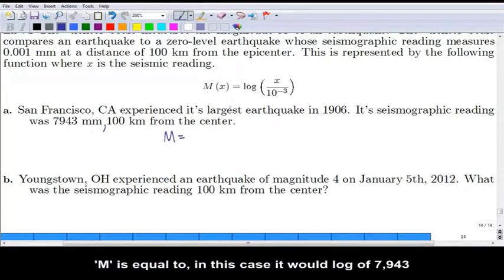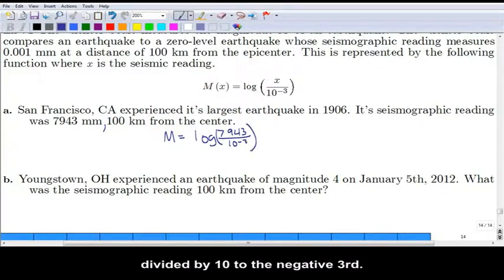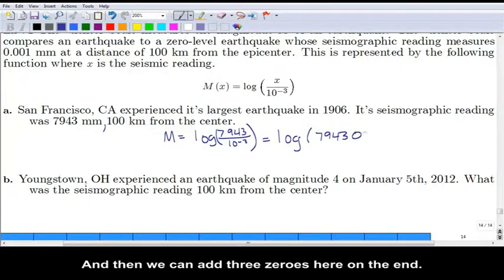M is equal to, in this case it would be log of 7,943 divided by 10 to the negative third. And in this case, we can simplify this. So this would just be log of 7,943, and then we can add 3 zeros here on the end.